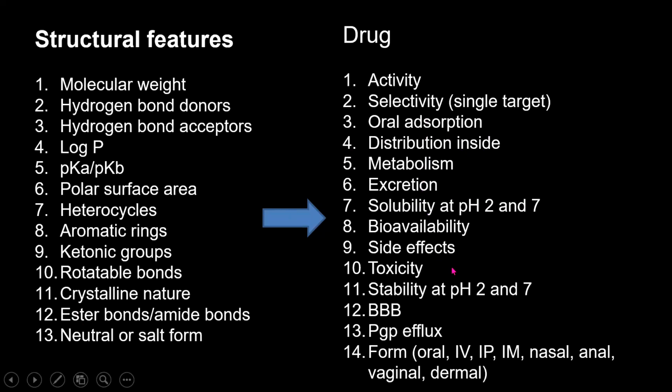But then it may get degraded by esterase-type enzymes or lipase-type enzymes. So stability is affected. So as a chemist, you may change one, but it may affect more than one. You need to keep that point in mind. I change one to improve something, but I may be reducing something else in addition to activity. So it's like a balance between many things. We need to look at how to balance many of these things with each other. That's very, very important.